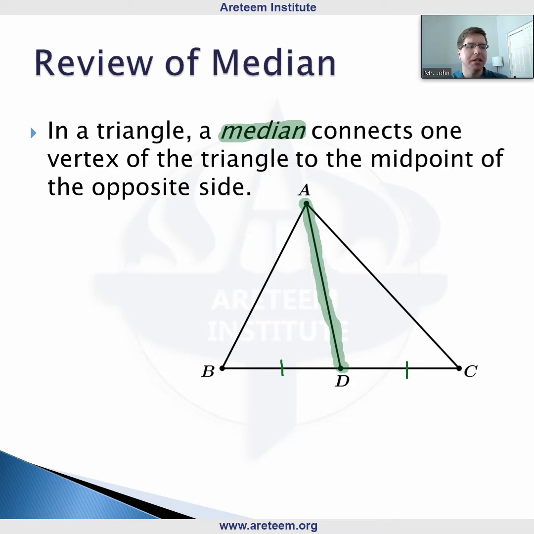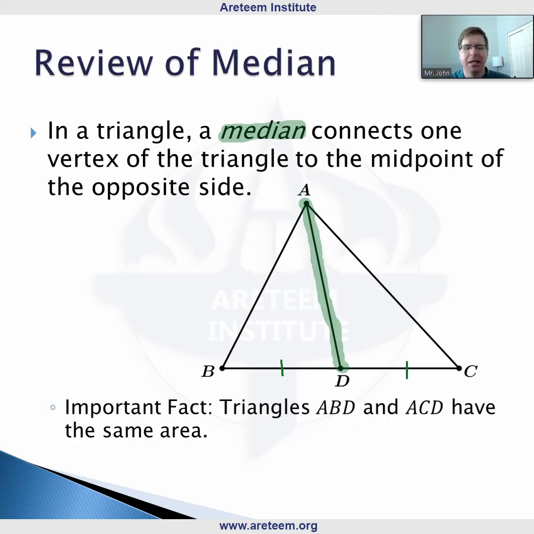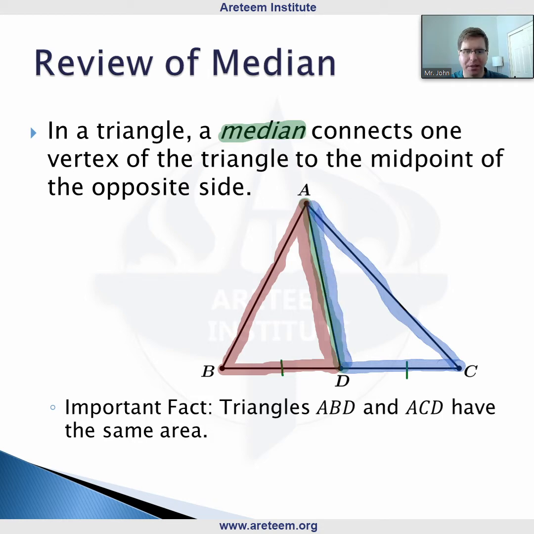Now, one of the important facts that we're going to use a bunch today is that these two triangles that the median divides the big triangle into, these two triangles ABD and ACD have the same area. So this is something we've seen before in terms of some of these ratios and things like that.